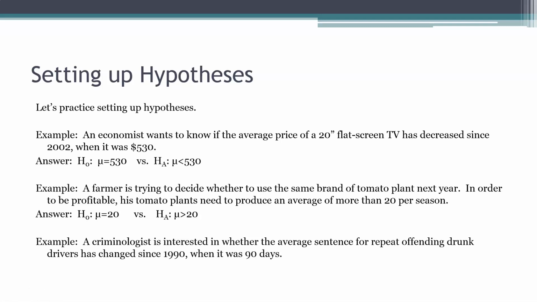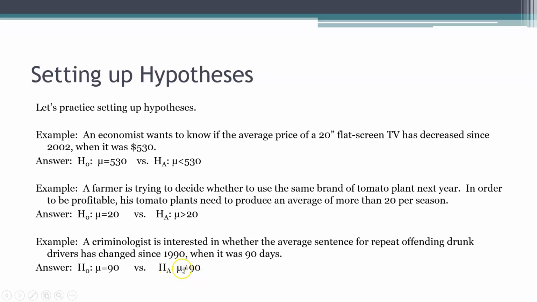And finally, we want to know if the average sentence for repeat offending drunk drivers has changed since 1990 when it was 90 days. For this one, the word changed does not give us any indication of whether it's increased or decreased. So that means our alternative hypothesis is going to be not equal to.